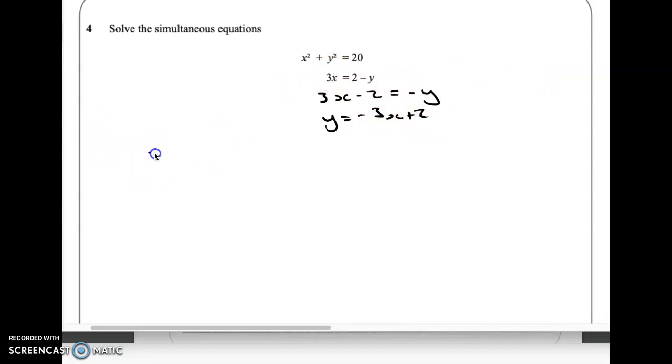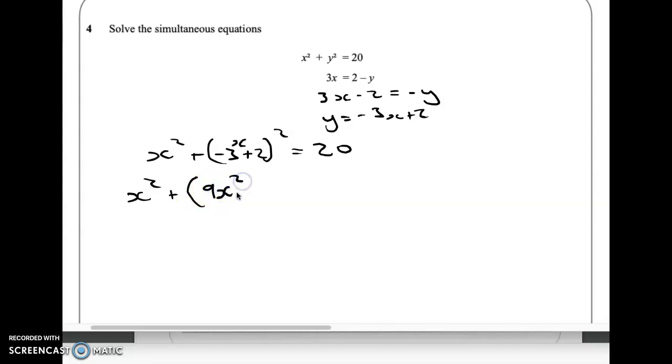So we're going to get x squared plus minus 3x plus 2 squared equals 20. So we've got the x squared plus, minus 3x times minus 3x is going to be positive 9, so 9x squared.